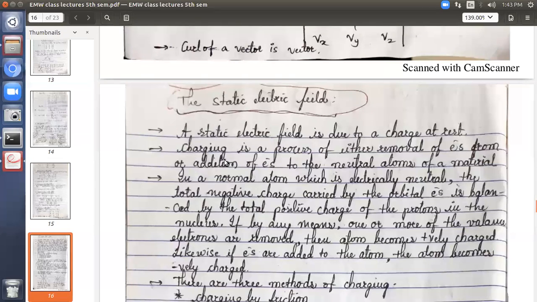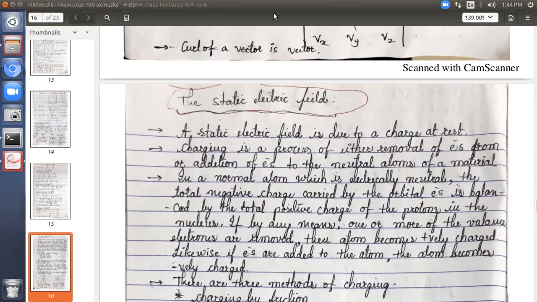So what is charging actually? We say that charging is a process. Charging is what? Addition or removal of electrons. Either addition or removal, that is called the charging process in general.